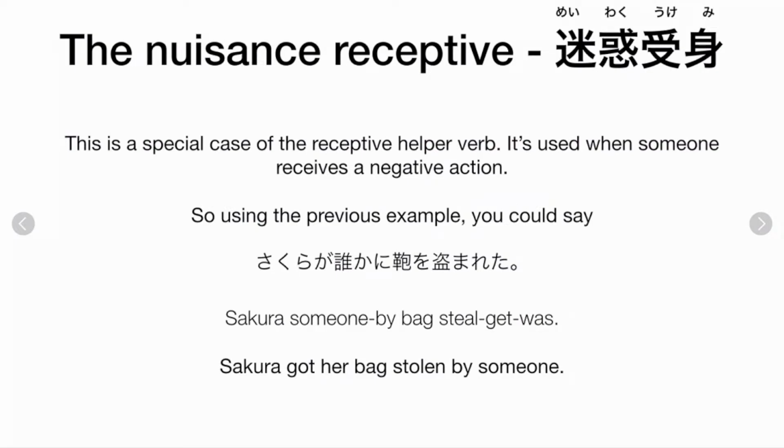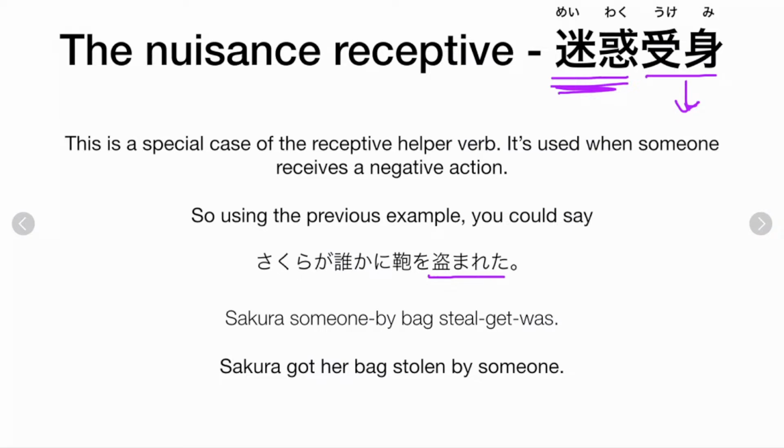Okay. We have a special case here where we can use what's called the meiwaku ukemi. Meiwaku means nuisance, and ukemi is just this particular grammar point, the receptive form. So meiwaku, meaning nuisance, this is something that you don't like. So this is a special case for rareru when you get a negative action, like in this case, nusumareta.